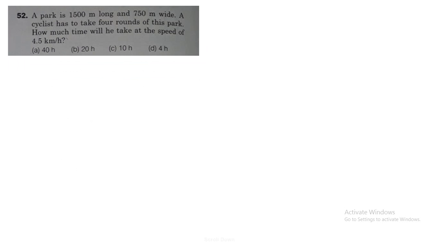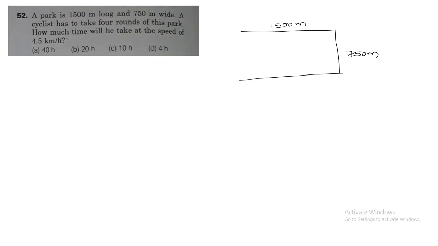Next, moving on to the next question. A park is 1500 meters long and 750 meters wide. So what has he given? A cyclist has to take 4 rounds of this park.